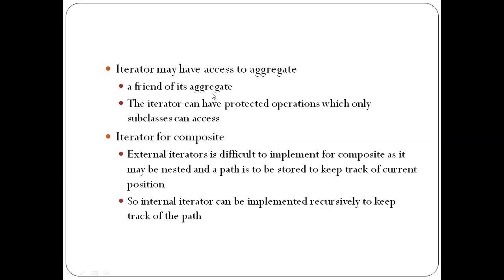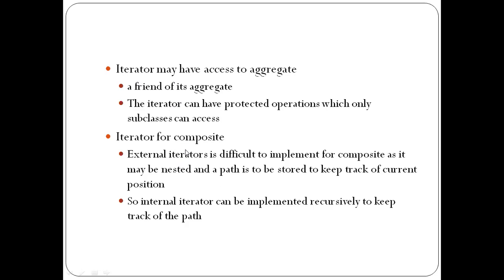We can give the iterator access to the aggregate object, which we call making it a friend of the aggregate. That means the iterator object can access the elements as well as the structure of how the elements are connected inside a concrete aggregate object. Then we have to make the iterator a friend of the aggregate. This is how we can apply some OOPS concepts.